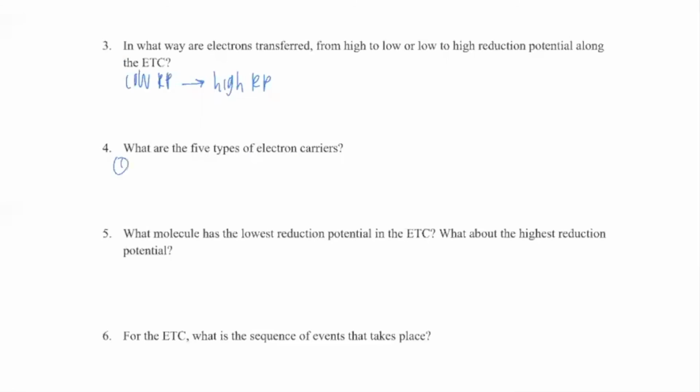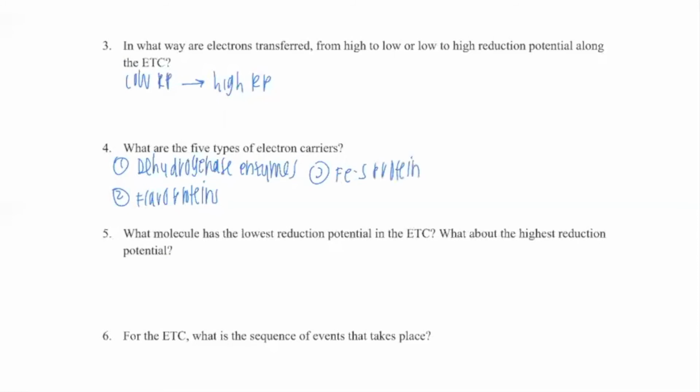So first, we're going to talk about dehydrogenase enzymes, right? These are one of those 5 electron carriers. The second one is going to be those flavoproteins. Then we're going to have the iron sulfur proteins.